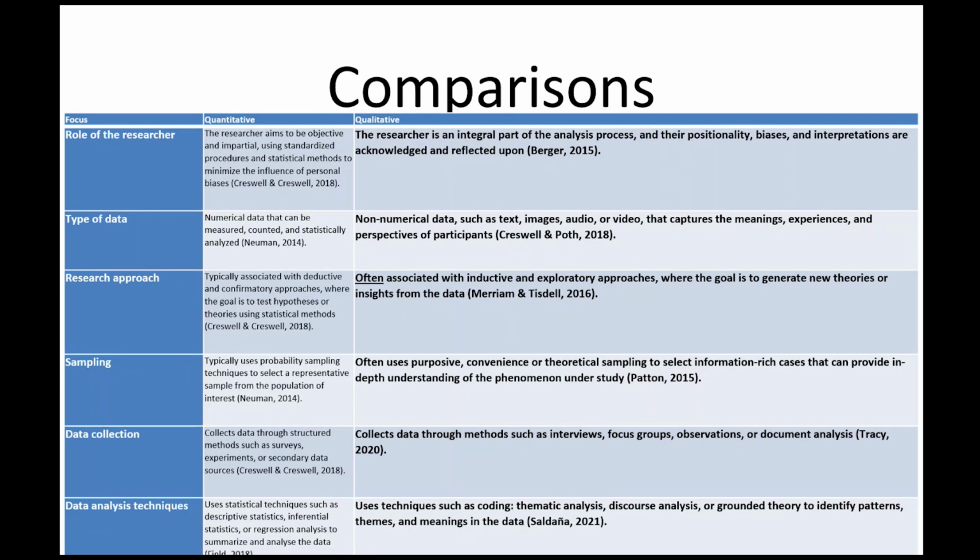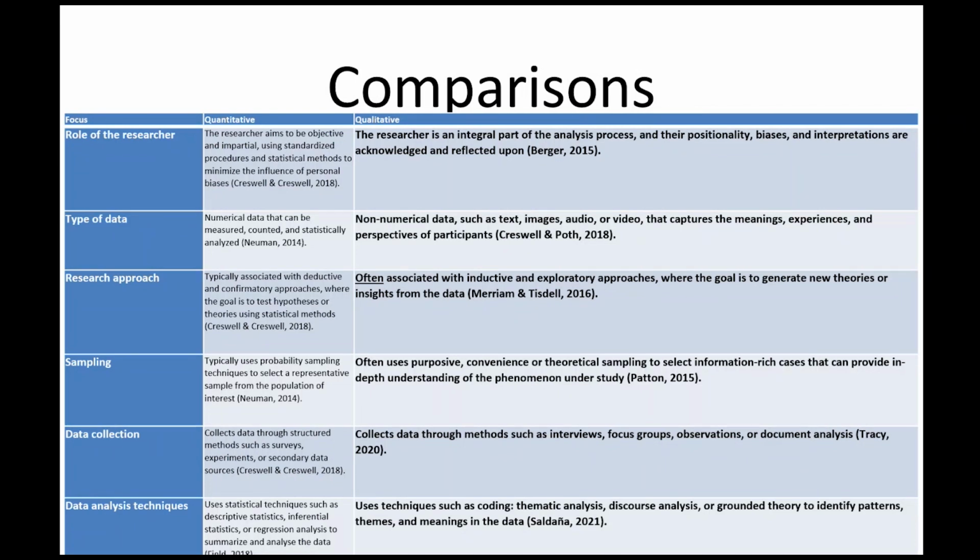And data collection methods, tools, you'll see in quantitative, we have surveys, experiments, secondary data. Also in qualitative, we do have secondary data. It's how you present your data, but usually it's interviews, focus groups, observation, document analysis, and so forth.